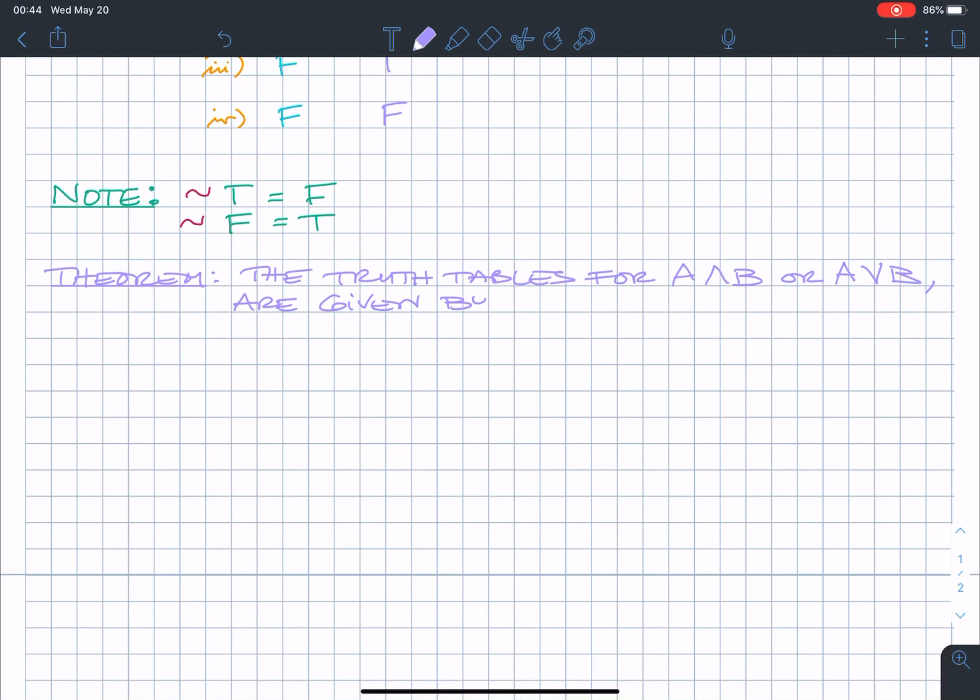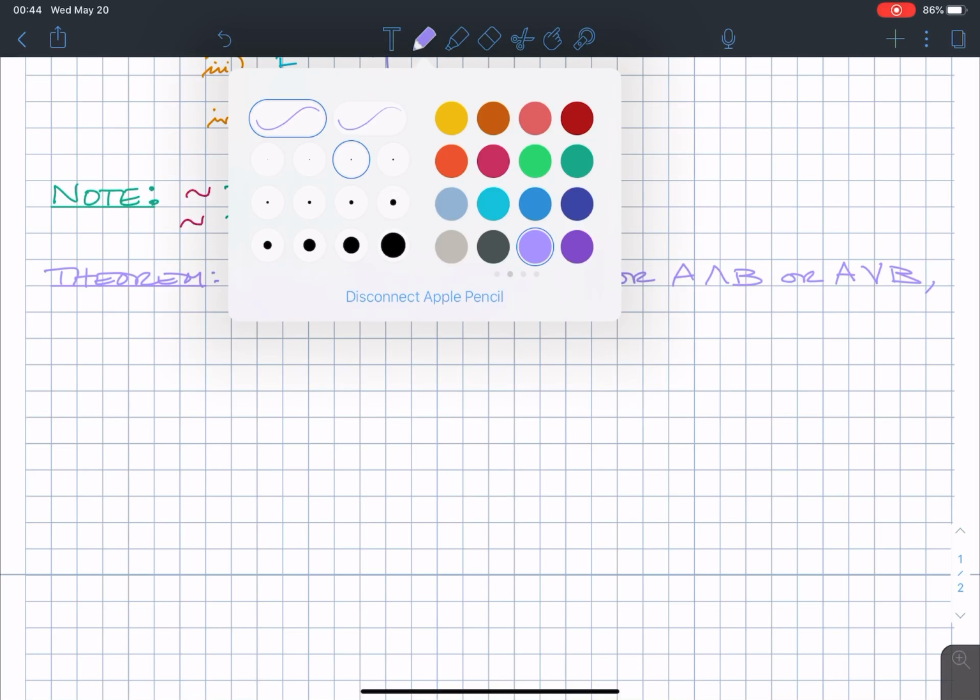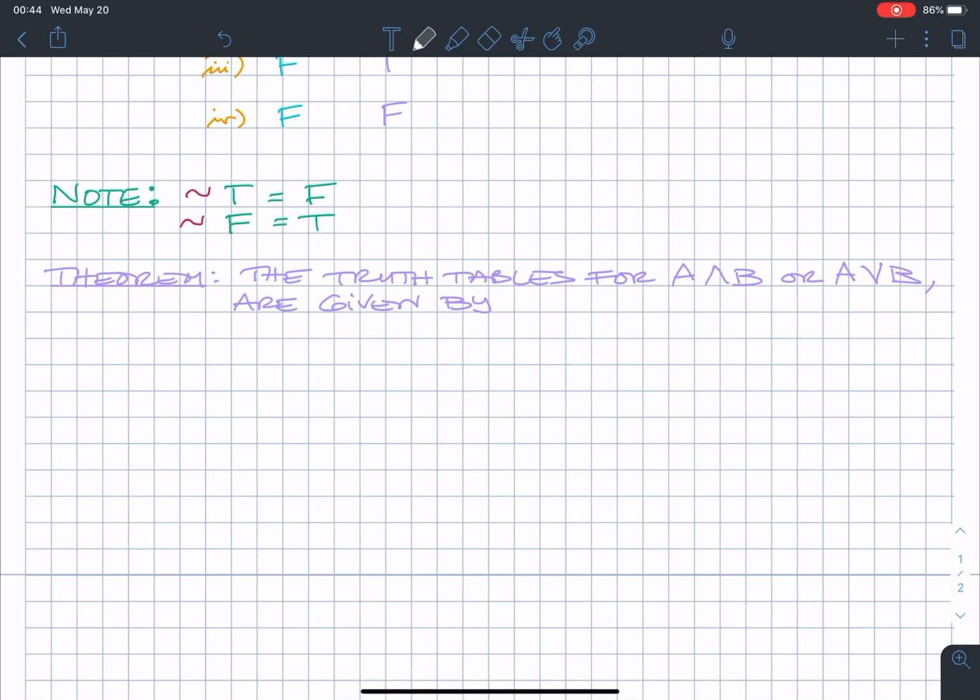So what we're going to do is have a table here. I'm just going to do something general like this. I always give myself at least 4 possibilities. So here's my A. That is true, true, false, false.